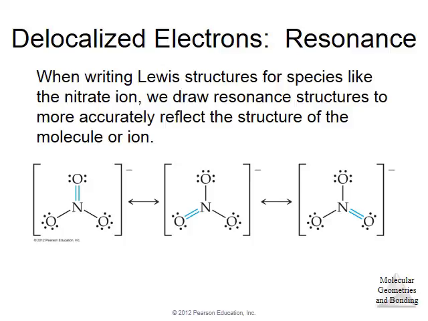So let me show you that. 3 oxygens, 6 times 3 is 18, and nitrogen 5, that's 23, and plus 1 because NO3 is minus, so that gives you 24 electrons. So this is how you're going to write it down, as if nothing was shown on the screen.